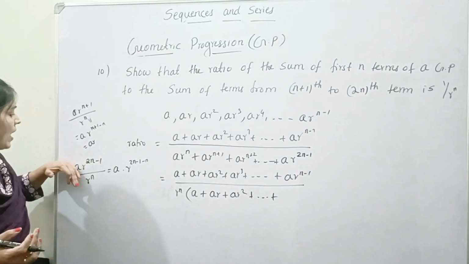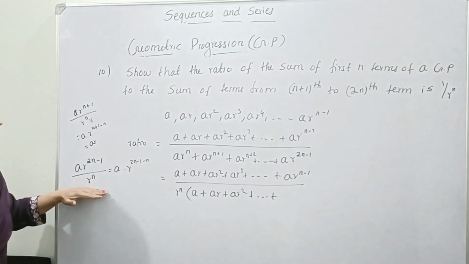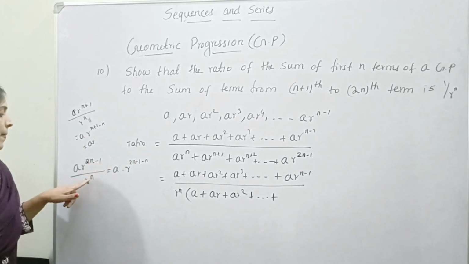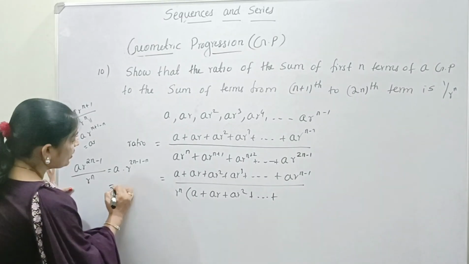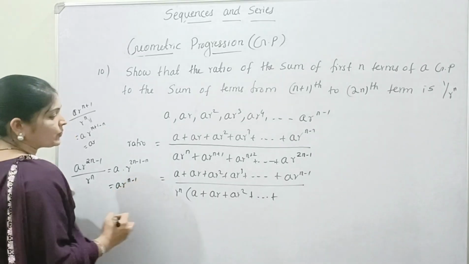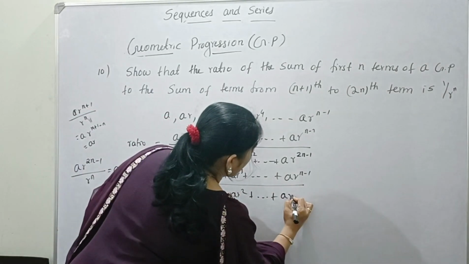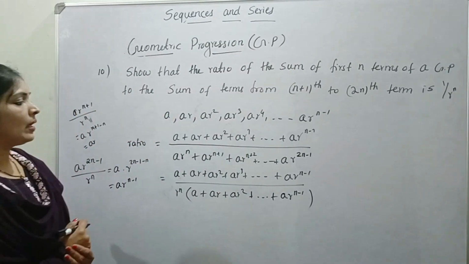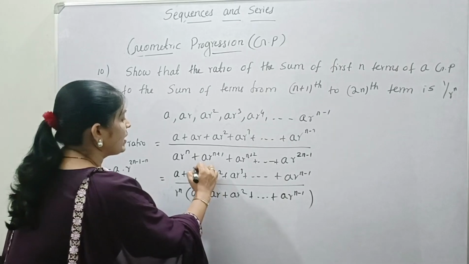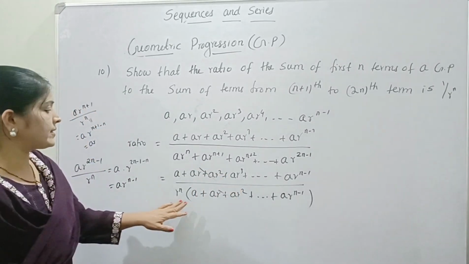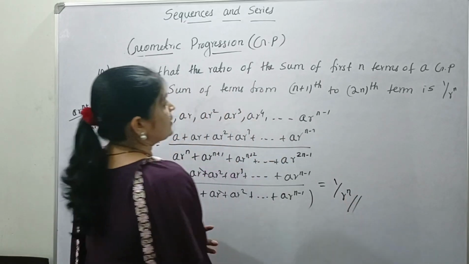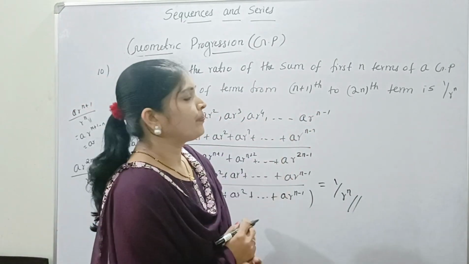So it will be a into r raised to 2n minus n, which is n minus 1. So here we will get ar raised to n minus 1. These are same, so this will cancel. The remaining is 1 by r raised to n. Hence it is proved.